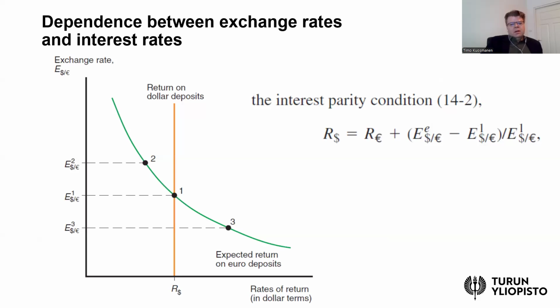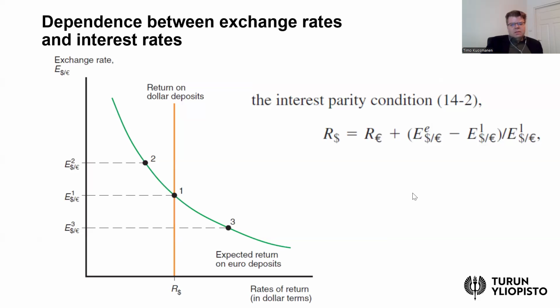However, the euro is expected to appreciate relative to the dollar, or in other words, the dollar is expected to depreciate relative to the euro. And similarly, in the third case, the rate of return of the European bond is higher than that of the American bond, but the dollar is expected to appreciate relative to the euro. So all these cases 1, 2, and 3 are equally good in the sense that the interest parity condition holds.